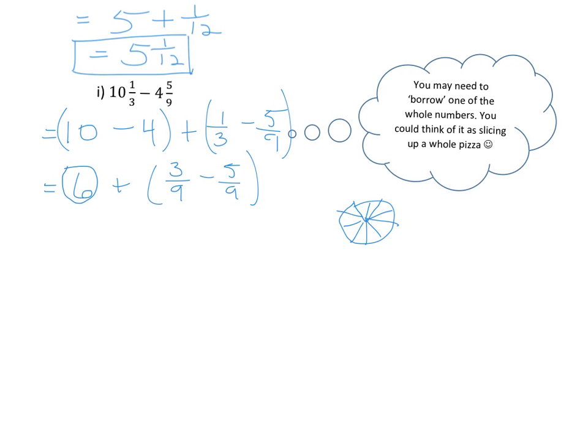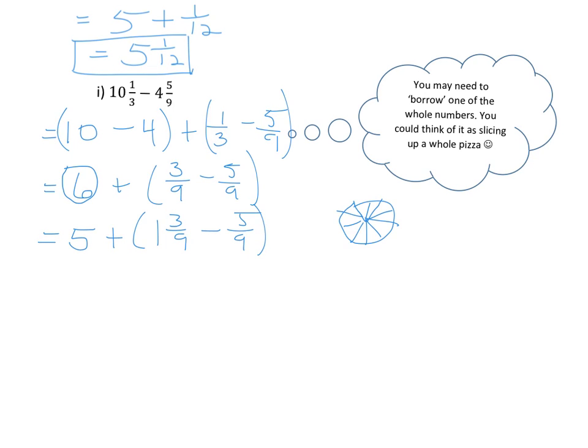Okay, so if I do that, I end up now with 5 plus, and now I'm going to take that whole pizza and put it here. Now I've got 1 3/9.